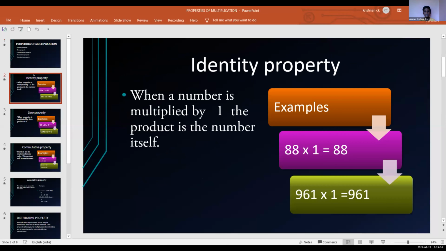Identity property. When a number is multiplied by 1, the product is the number itself. Examples: 88 into 1 equals 88 and 961 into 1 equals 961.